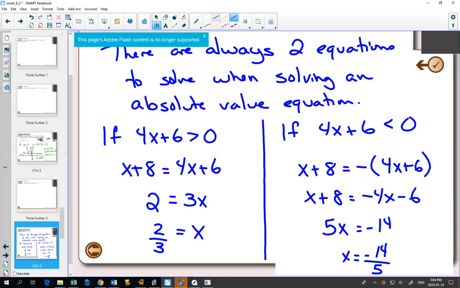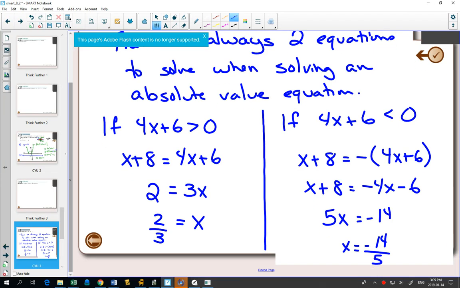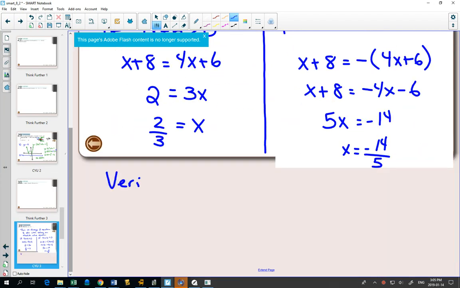Sometimes with absolute value equations, the answer you get isn't actually an answer. So with all of your solutions, and this is a little bit different technique than the textbook uses, I find it's easier just to verify in the end. Does 2/3 work? So you take the left side and the right side of your original equation, which in this case was x plus 8 on the left and the absolute value of 4x plus 6 on the right. Does 2/3 plus 8 equal the absolute value of 4 times 2/3 plus 6?